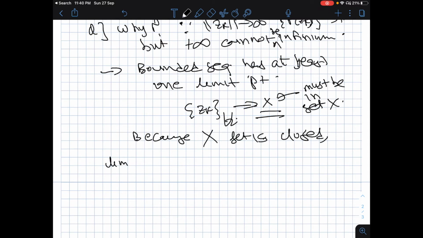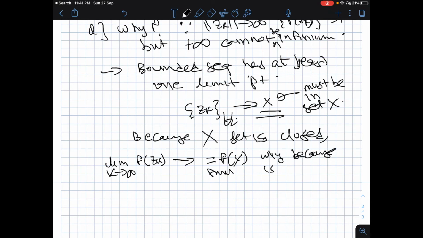Now if you look at this limit, f(z_k) as k tends to infinity, where will it go to? It will go to exactly f(x). Why? Because the function is continuous. So z_k is going to x, and by continuity of the function, this will become equal to f(x).